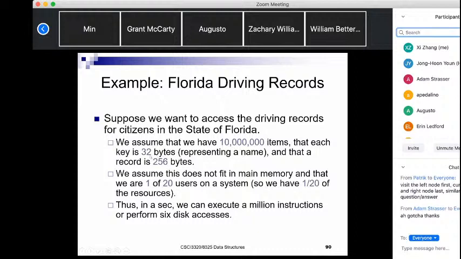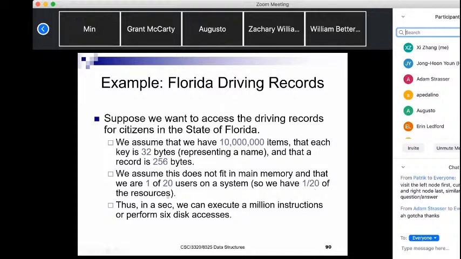And we assume this is a shared system, so we can have up to 20 users on average at the same time. So you cannot use the entire system. You can have only 1/20th of the system resources.